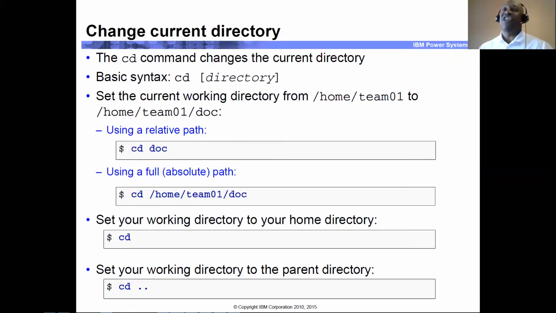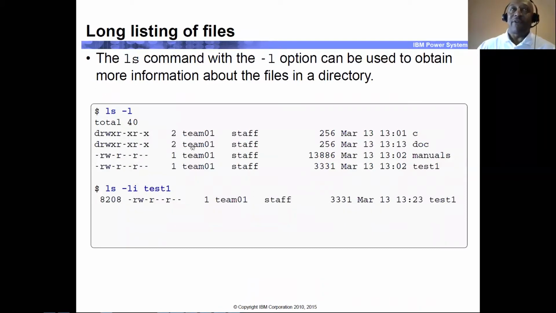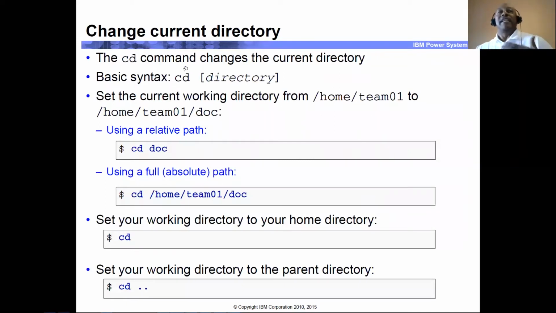Now, whether you can change to that particular directory is based upon permissions on that directory, in this case, for example, the C directory. It has permissions for the group, all others, and also for the owner. So that determines also whether you can change to that directory. But the intent fundamentally is that the CD command allows us to change from one directory to another.